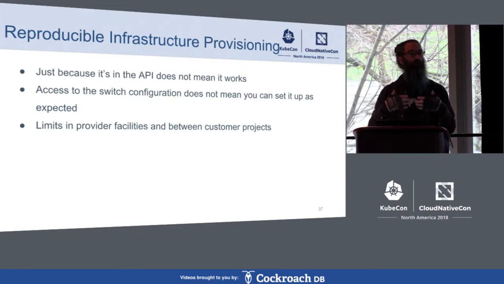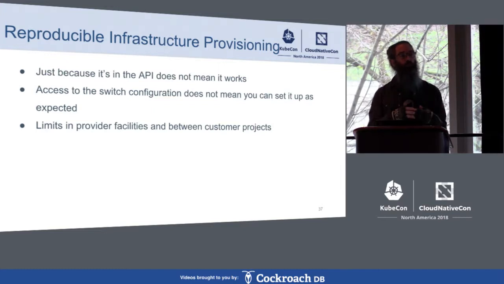So some of the things that you would expect to be able to do on the switch may not work as expected. You start having limits on what you can do. So that means your configuration and setup of the cluster and the machines is going to be different than expected. And then if you're going to compare to another environment, say Packet to the FDIO CSIT lab, now you may say, well, we need to set that up. Can it be set up the same? So those sort of things.